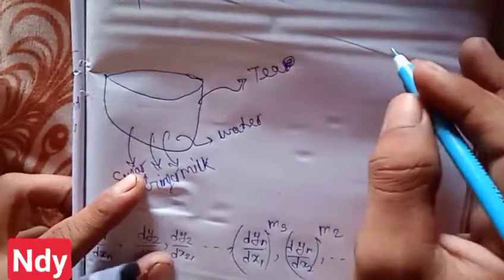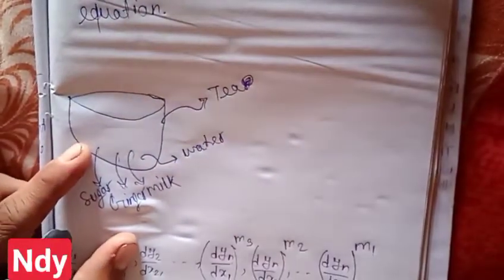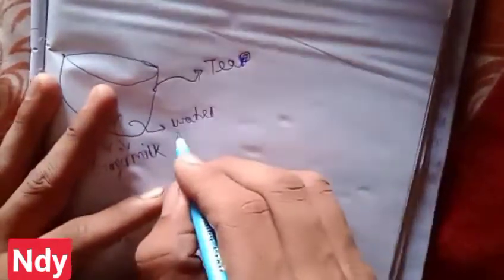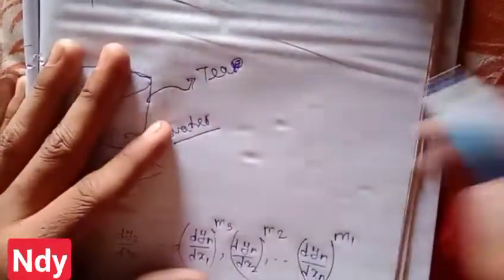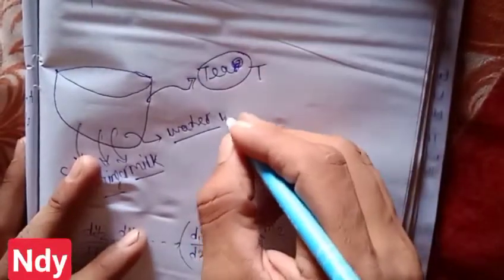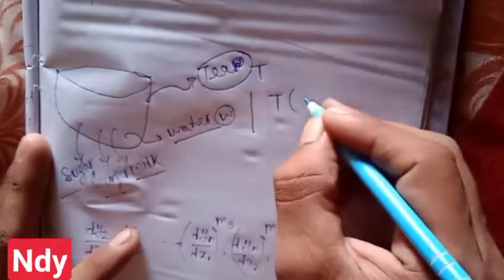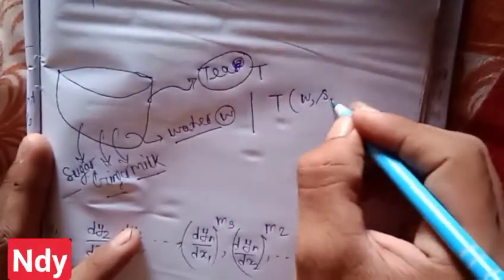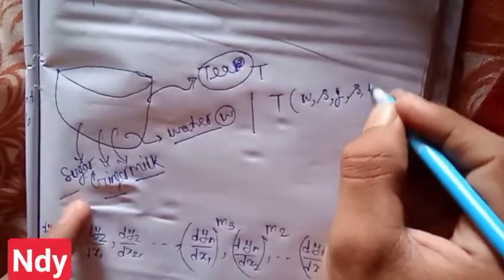But if I say how can you change the taste of tea, then for changing the taste you can vary any of this: water, milk, ginger, sugar, and tea. So how can you represent? Let this be T, and this be W and M, G and S. So our T is a function of W, M, G, S and small t.